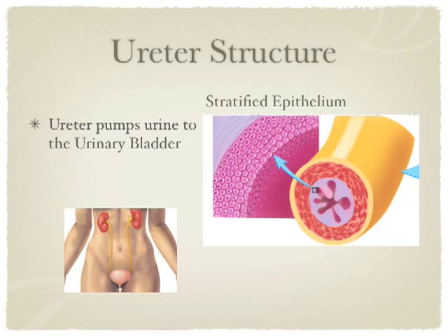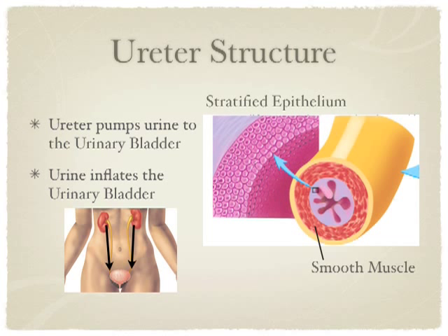You're going to have many, many layers of cells that prevent the urine from moving back into the human body. So: connective tissue, smooth muscle, and a stratified epithelium. And the urine is then going to inflate the urinary bladder. So let's go to the bladder now.